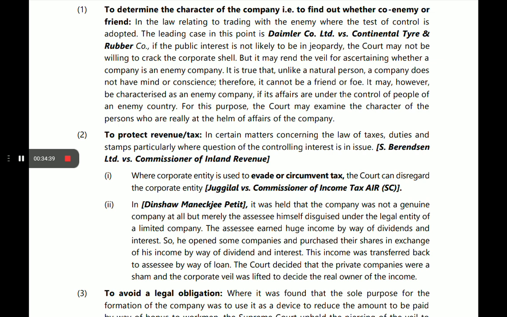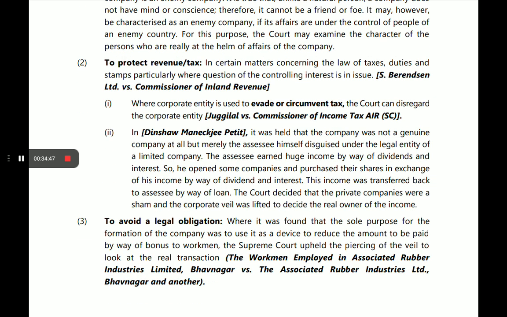Juggilal versus Commissioner of Income Tax, AIR SC. In Dinshaw Maneckjee Petit, it was held that the company was not a genuine company at all but merely the assessee himself disguised under the legal entity of a limited company.